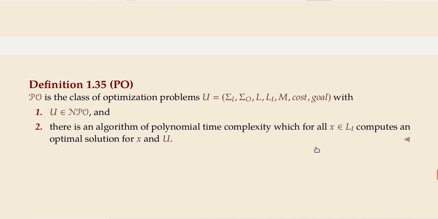That was NPO. Now what's the class of efficiently solvable optimization problems? That's PO. And we require first that the problem is an NPO, and there's on top of that an algorithm that really computes, given an instance, an optimal solution for the instance in poly time. That's quite naturally what we would like.